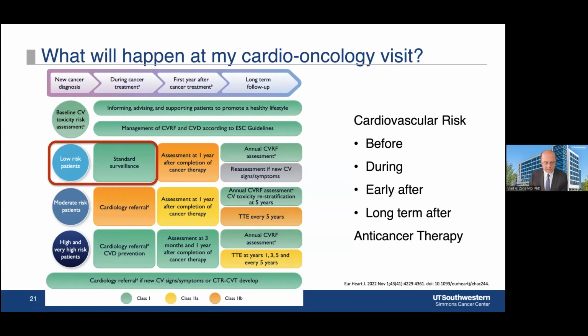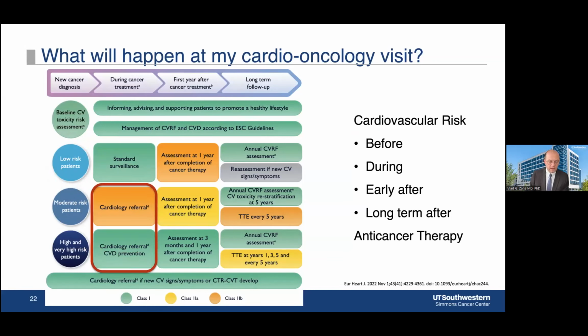It is mostly based on symptoms and signs of change, which would be rare in that case. But in case of moderate risk and high and very high risk patients, a referral to cardiology or cardio-oncology specifically is important. And it can help make a difference in the way the patients would be feeling, and their outcomes during the oncological treatment.